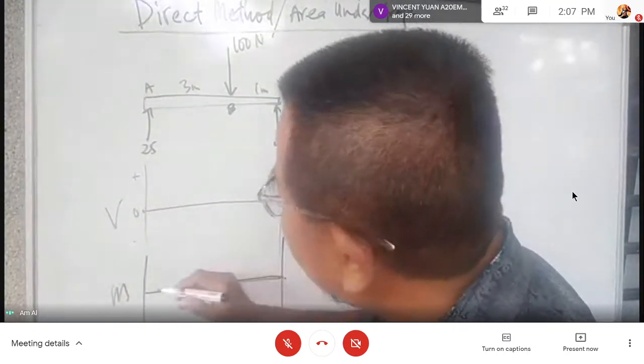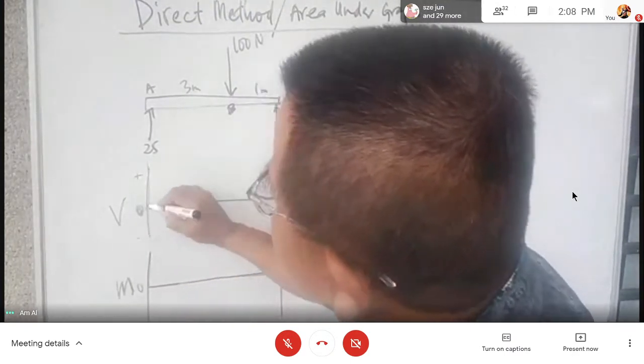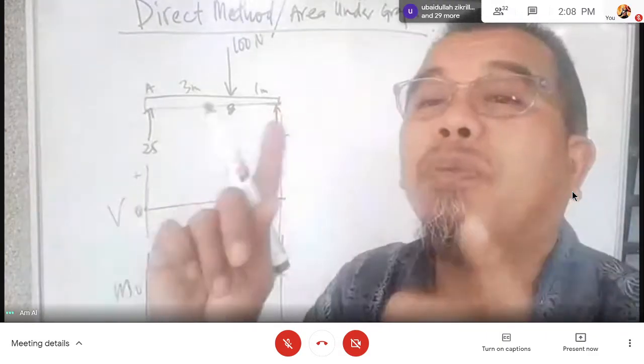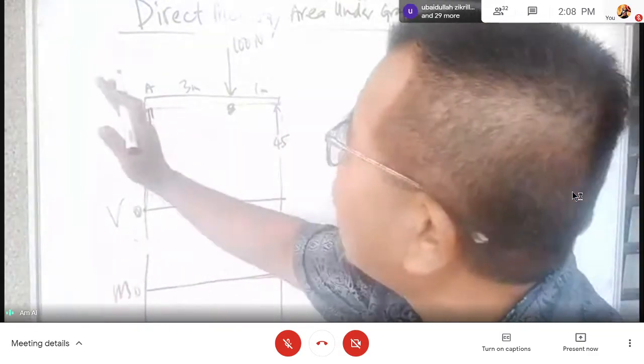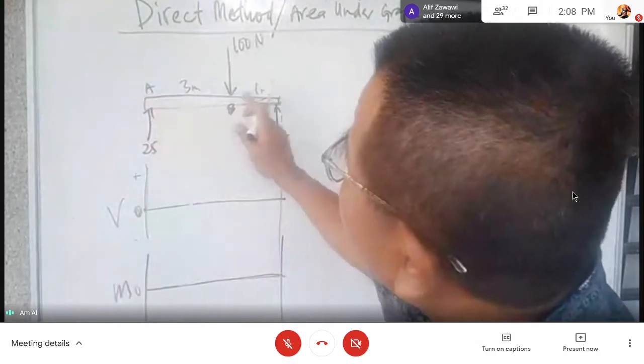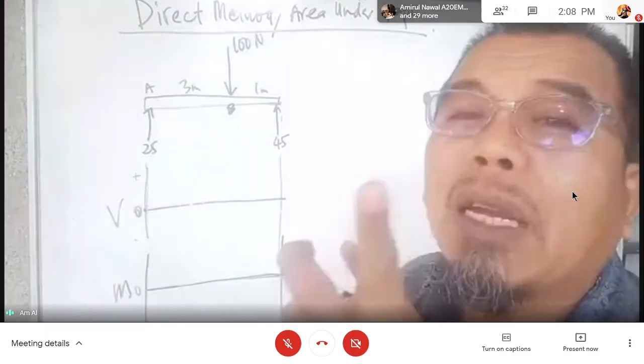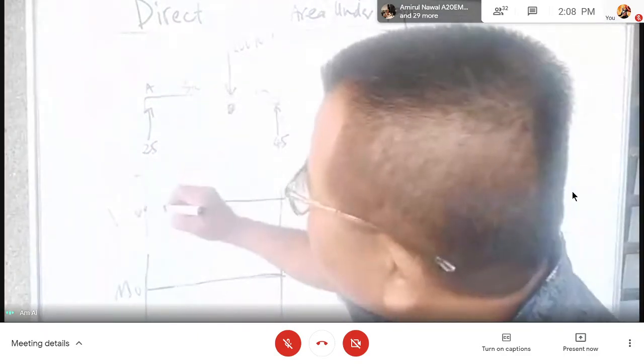Okay? So 0 here, 0 here. So what do we do? Watch very carefully here. We start from the left. We move from the left to the right, but we read everything that we see there and we make a decision. See that? We start from 0 here.